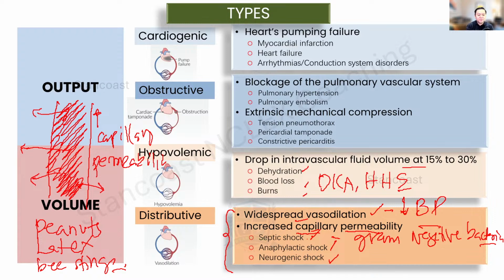Now let's talk about neurogenic shock. What is this? Well, when they have neurogenic shock, this is going to occur because of the loss of sympathetic nerve activity, okay?